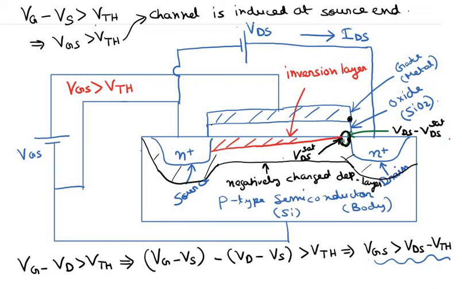This exposed depletion region, as we know, contains a very high electric field, and when the electrons reach the pinch off point of the channel, that is this point over here, beyond this point electrons flow due to the very high electric field that exists in the exposed depletion region.